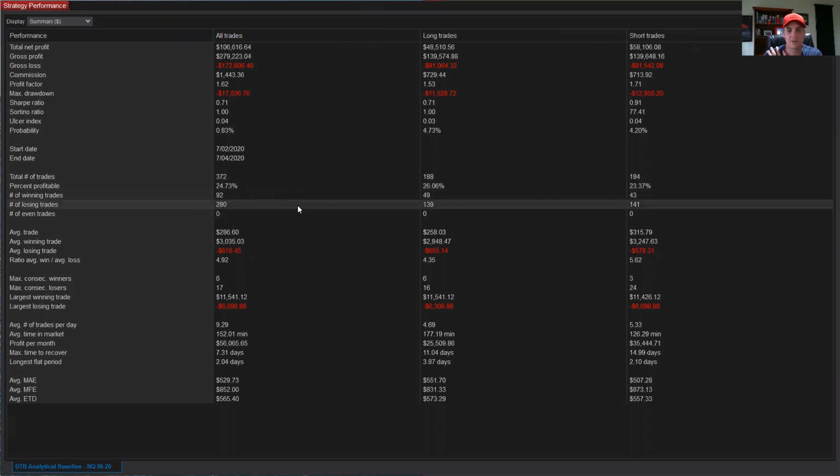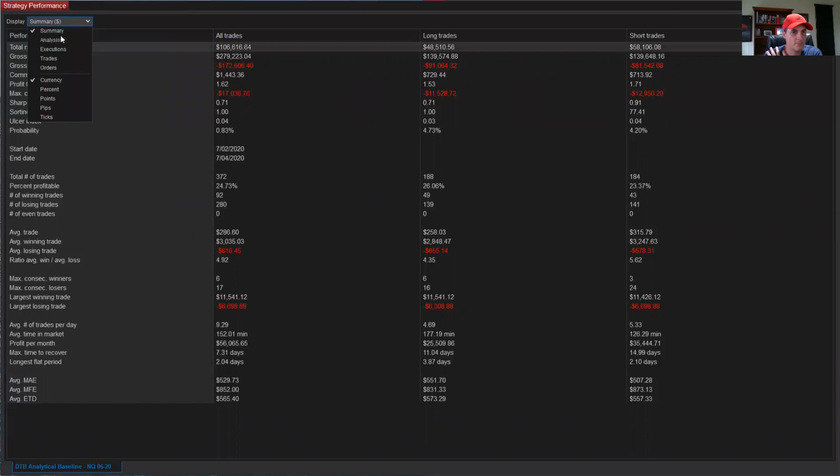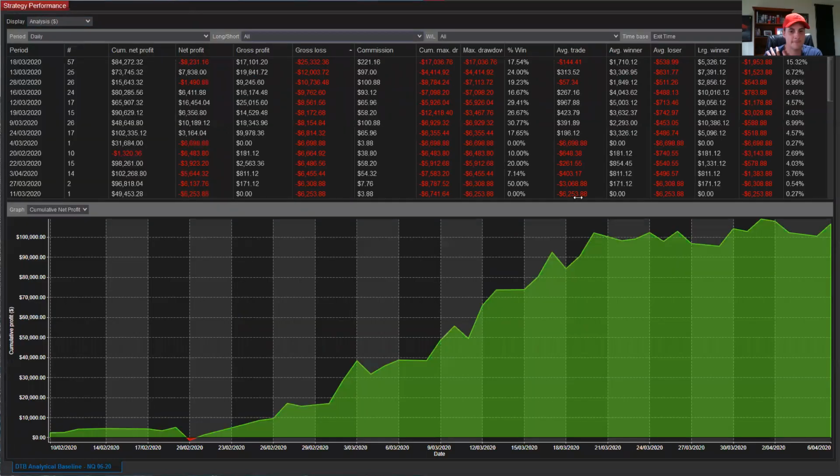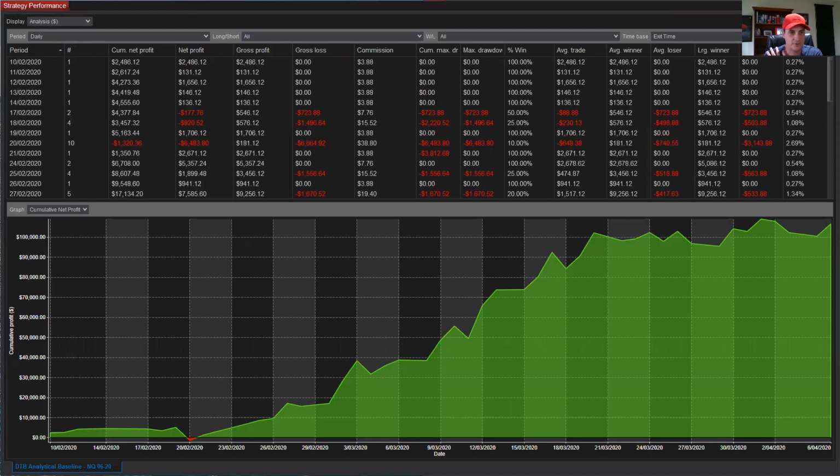So that's what happens when the price bounces around. You have a few trades in a row, consecutive trades actually lose. But when the trades take on a long direction, those are the ones that make up all the losses.